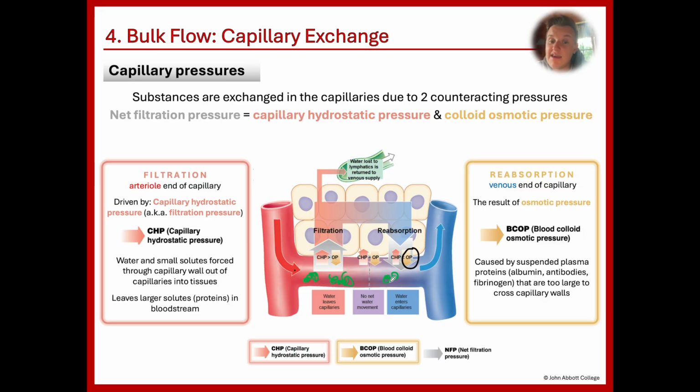So they stay here. But what happens again? Here you have the water that went out. What happens when you have a bunch of solutes, these suspended plasma proteins like albumin, antibodies, and fibrinogen that are too large to cross the capillary walls? They create an osmotic pressure.